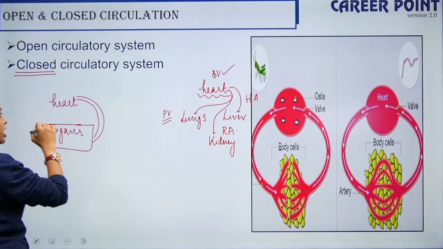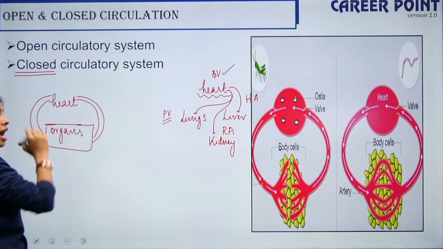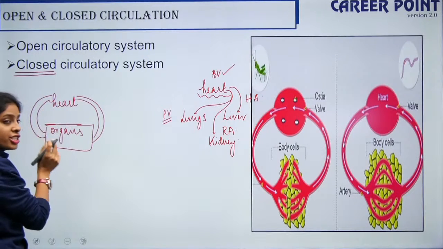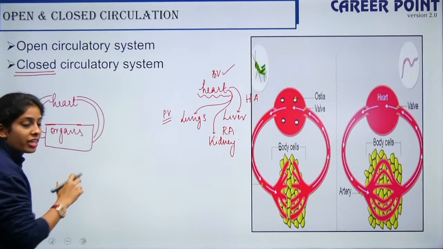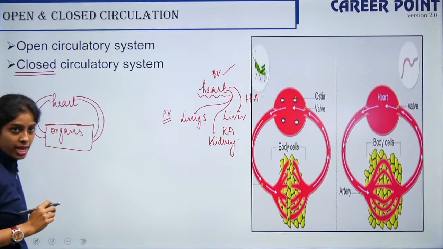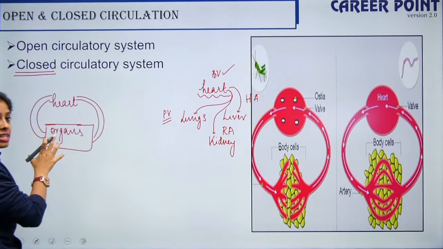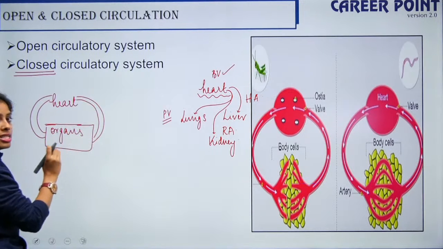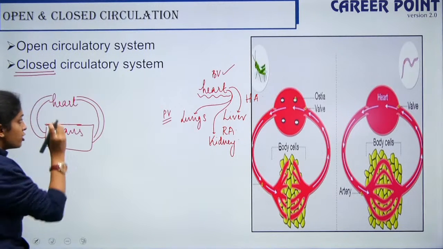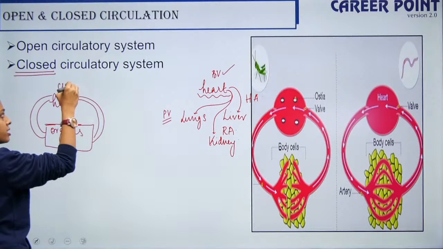Then the deoxygenated blood goes to the heart. The heart is not connected to each and every individual organ unlike the higher vertebrates. It is just dipped inside a cavity and the blood is supplied into that cavity. So this is open circulatory system.